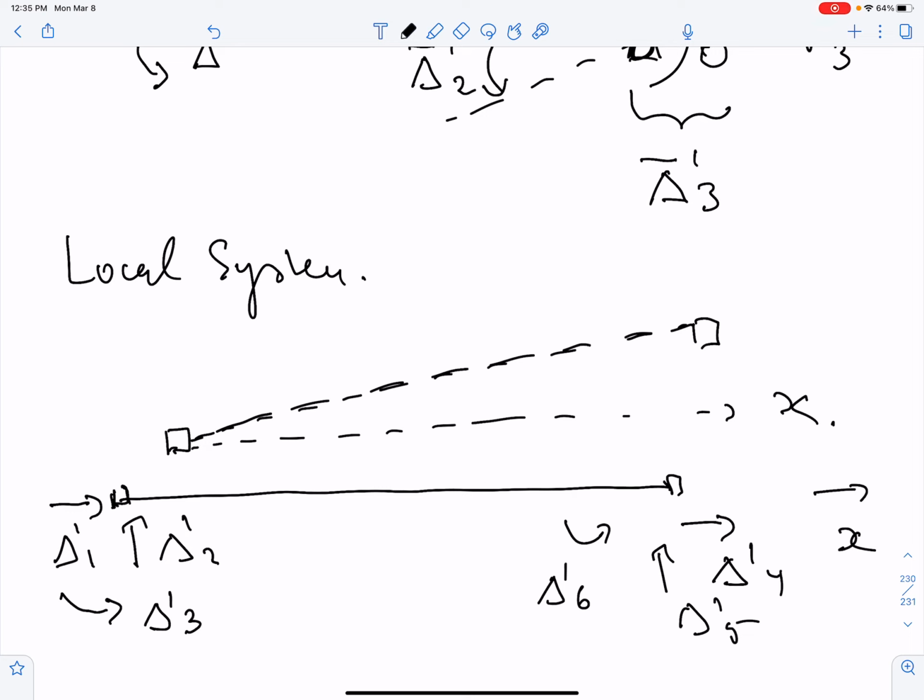What makes sense to do, especially when enforcing boundary conditions and so forth, is to define the rotation with respect to the little x coordinates. So imagine this: the element is displaced under the action of delta 1, delta 2, delta 5, and delta 4, and then it undergoes some rotation locally.